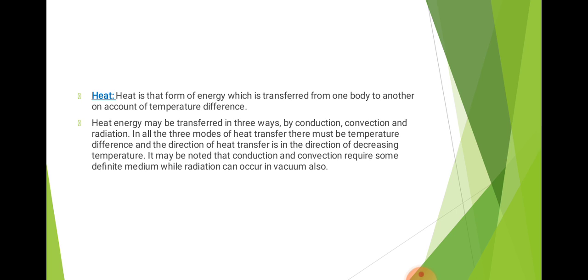Now we see the information about the radiation. Radiant heat is in the form of temperature-excited electromagnetic waves which pass from one body to another without much raising the temperature of the medium through which it passes.